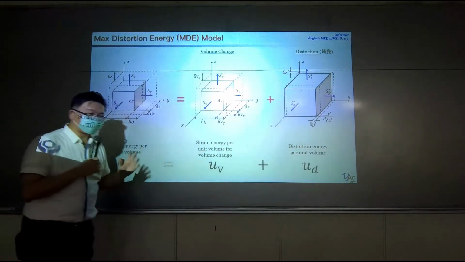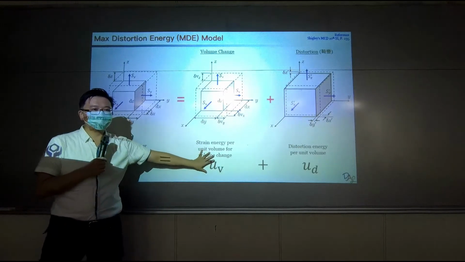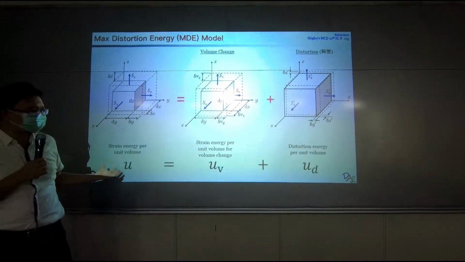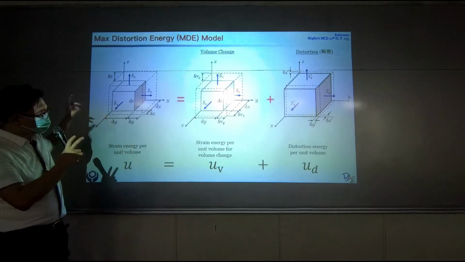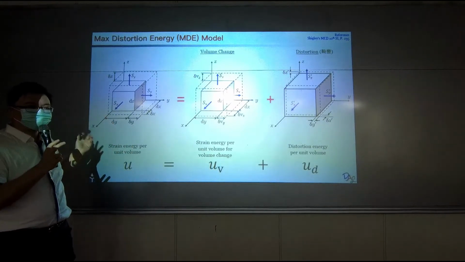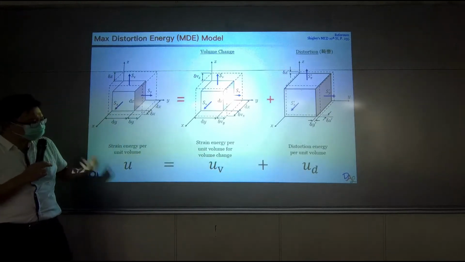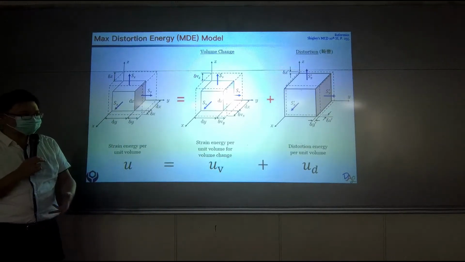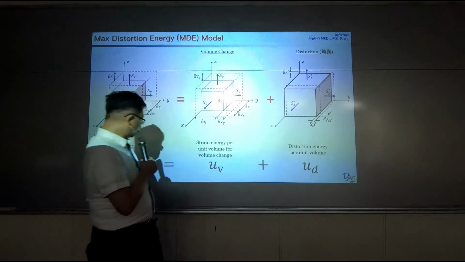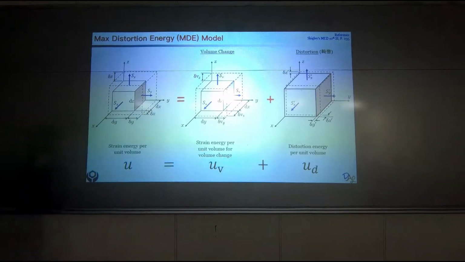But direct derivation of these two parts is much easier. That's why they use this assumption, which must be valid, and these two should be derived afterward. Then you can use U minus UV to get UD.